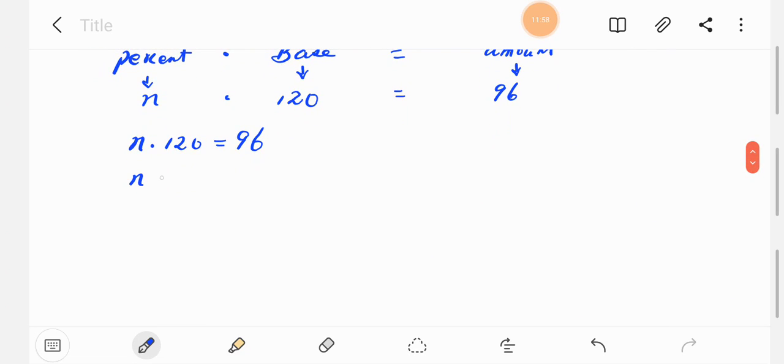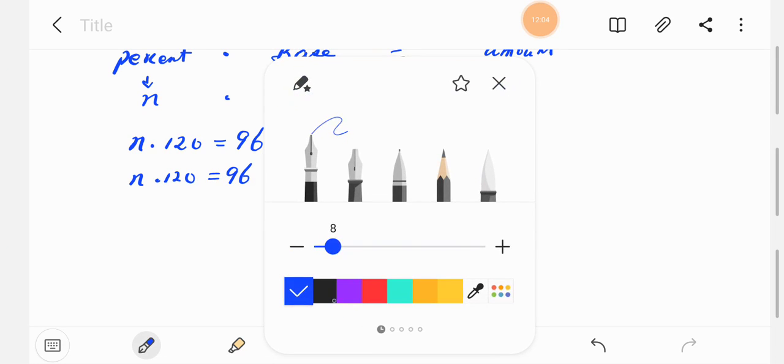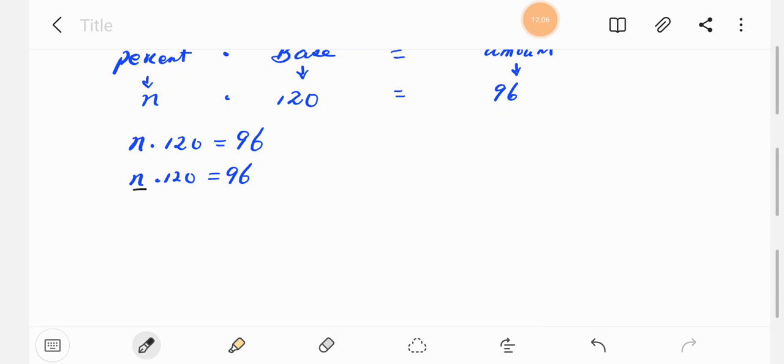And then divide each side by 120, right? Then n is equal to 0.8. Now n is the percent, right?